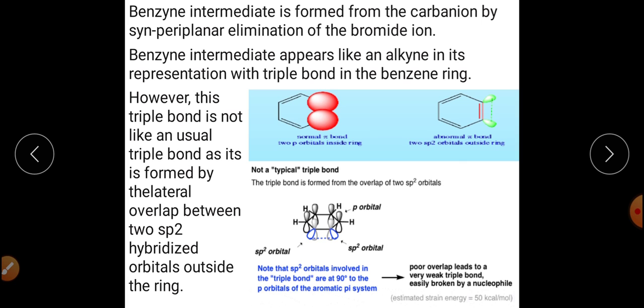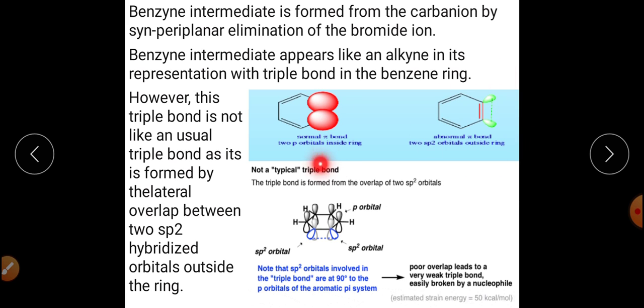But when we observe the molecular orbital diagram of this particular benzyne, we come to know that this is a very unstable type of intermediate that has been synthesized during the course of the reaction. Because of side-by-side overlapping, it has a triple-bond-like character, and this generally appears as a triple bonded form.